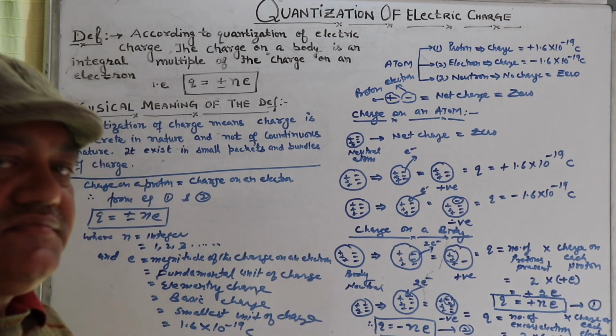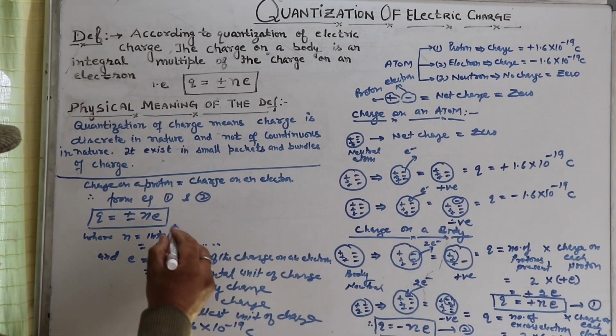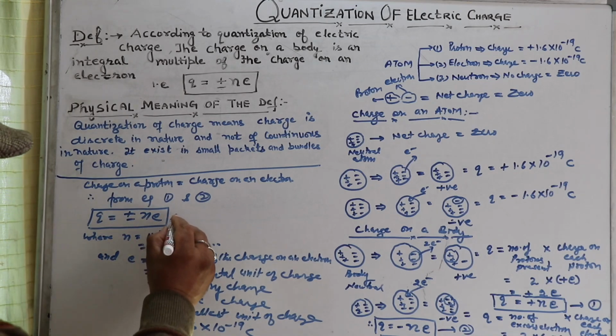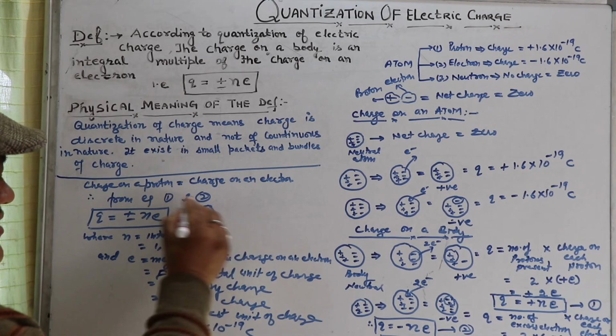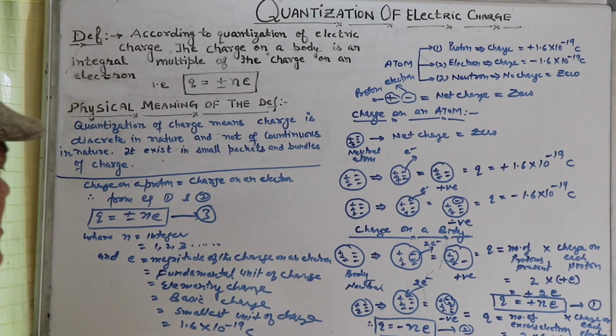Now, this equation number 3 is the definition of quantization of electric charge.